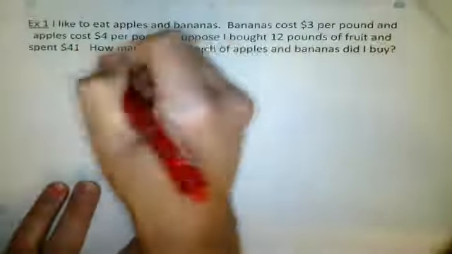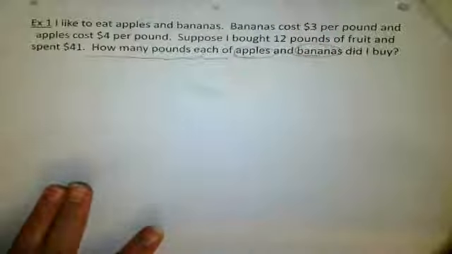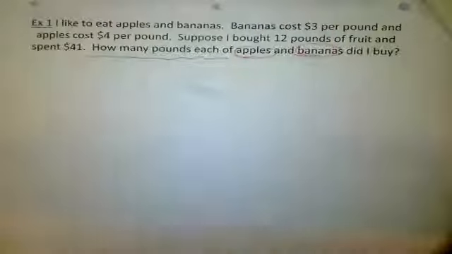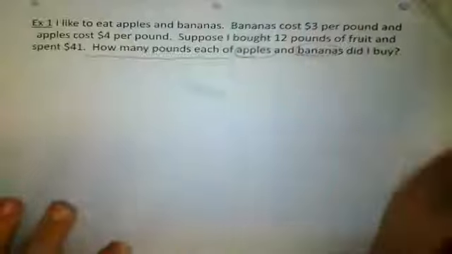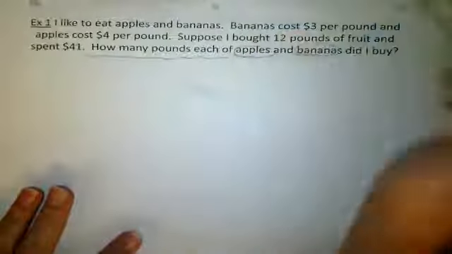How many pounds of apples and bananas did I buy? That's exactly what you're trying to figure out. You go to the question to find what you're trying to find. The question tells us our variables, the unknowns.